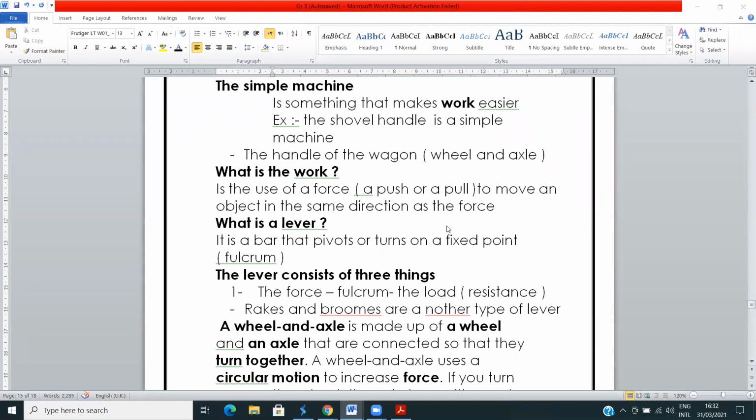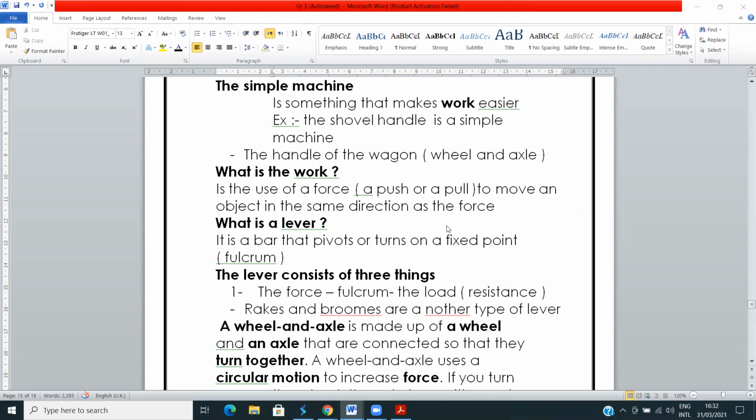It consists of a fulcrum, force and load. This is a lever. If we say it consists of a fulcrum, you say that. Okay, my students.